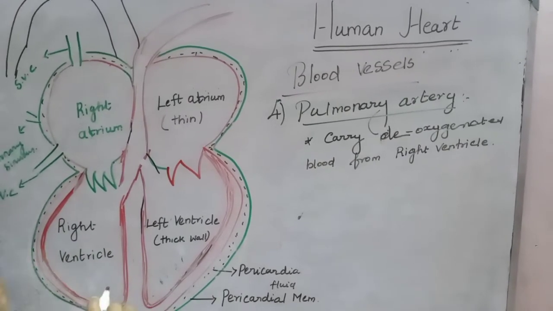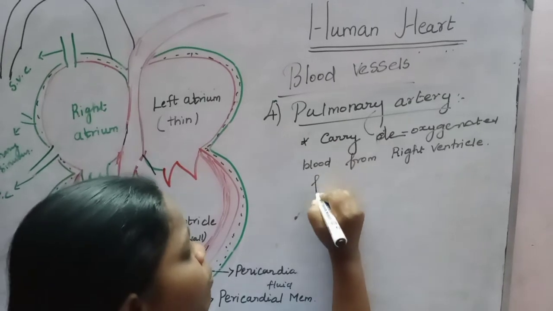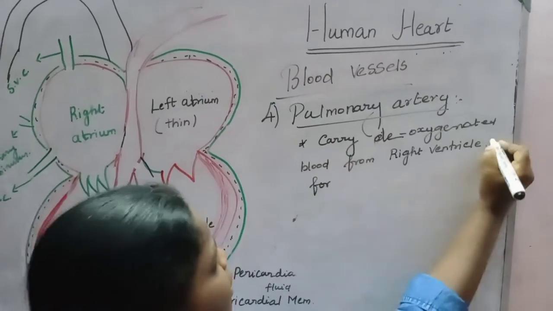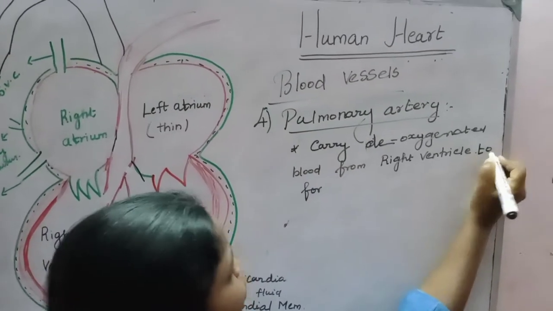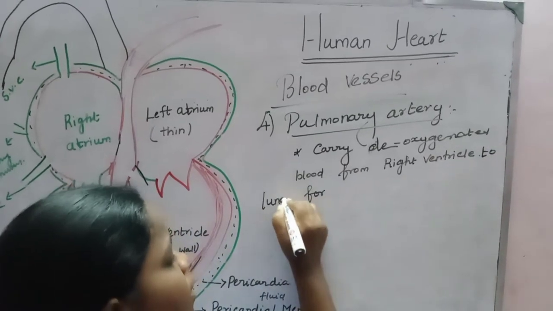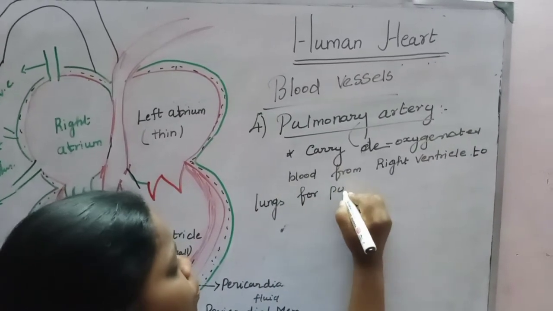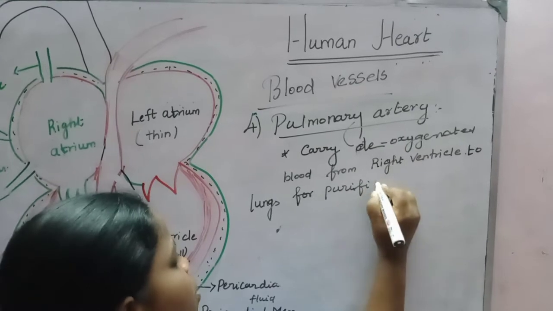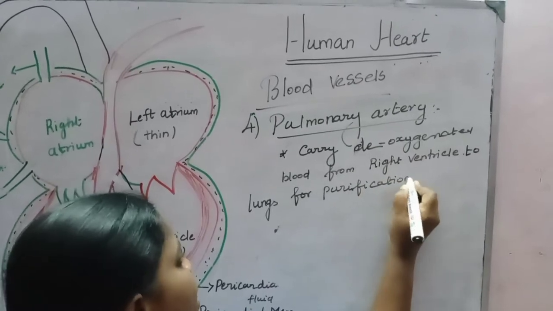Are you clear, children? Right ventricle, for what purpose? For purification. Right ventricle to lungs, for purification. That means oxygenation, exchange of gases.